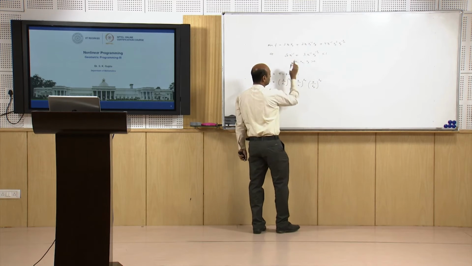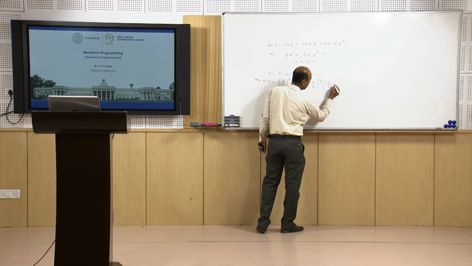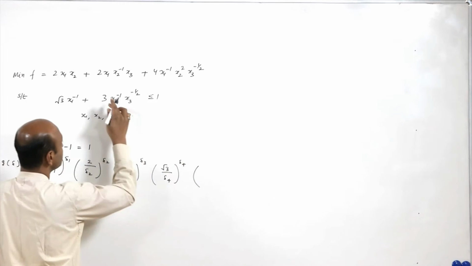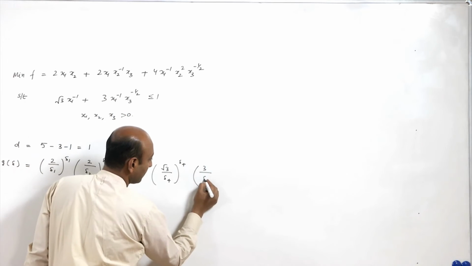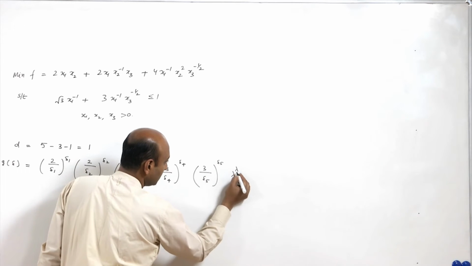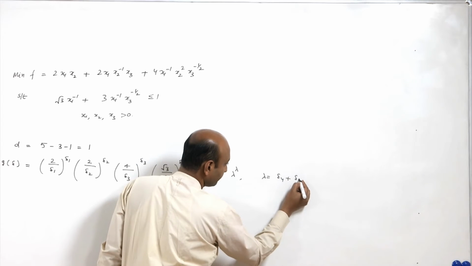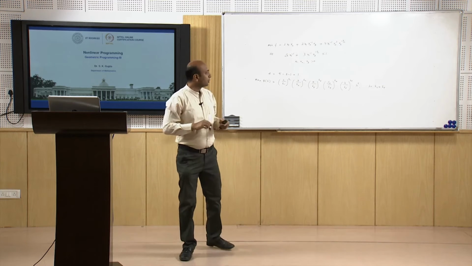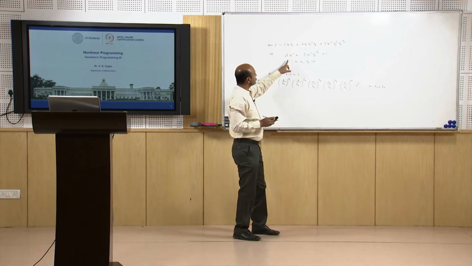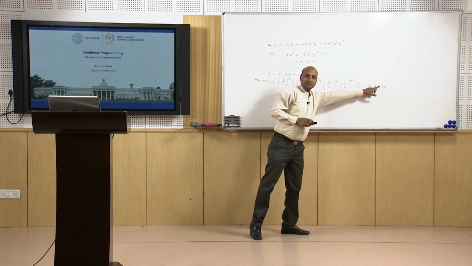The next term is under root 3 upon delta 4 whole raised to power delta 4, and the next term is 3 upon delta 5 whole raised to power delta 5, and lambda raised to power lambda, where lambda is corresponding to the constraint. We have delta 4 and delta 5, so lambda equals delta 4 plus delta 5.